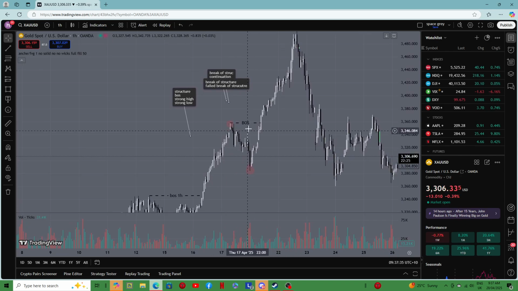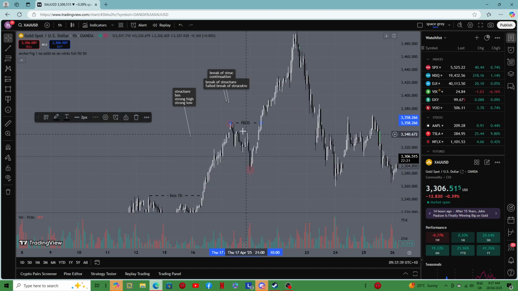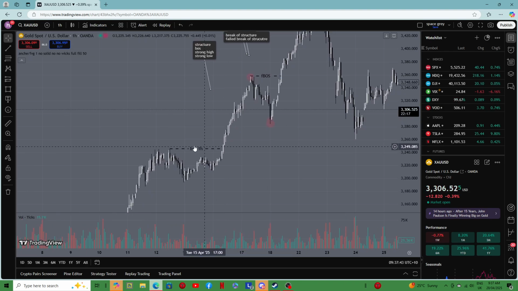And if it's a failed break of structure, you just put an F at the front for failed. So we've looked at that. A break of structure is a lot stronger than a failed break of structure. And how do we identify it? If the candle, when it passes the previous higher high, is greater than 50% past that point.